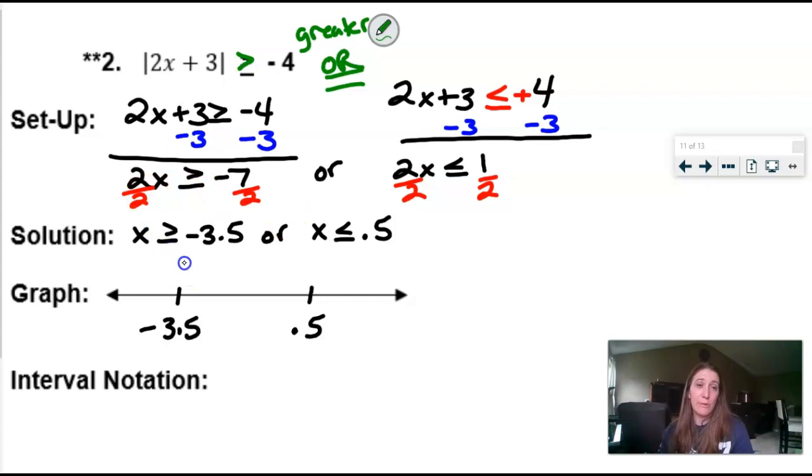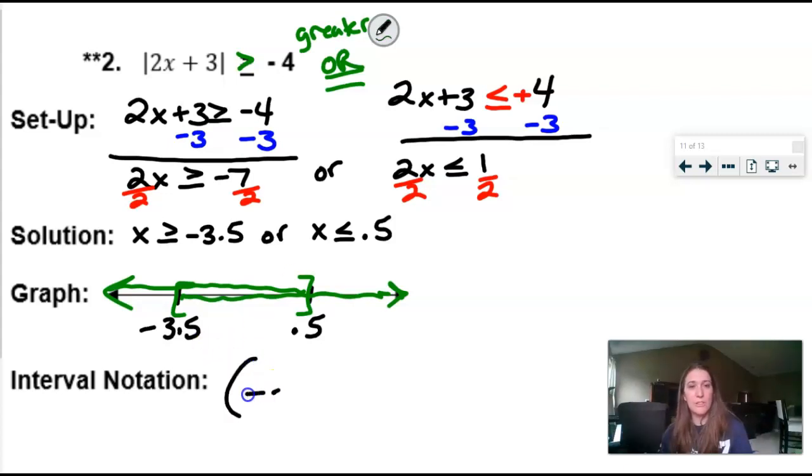Well, everything greater than or equal to -3.5 would have been this way. Or anything less than or equal to 0.5 would have been everything this way. And it has nothing to do with where they overlap. It's just everything gets colored. So this is one of those special cases where it was all solutions. So your interval stretches from -infinity to +infinity.